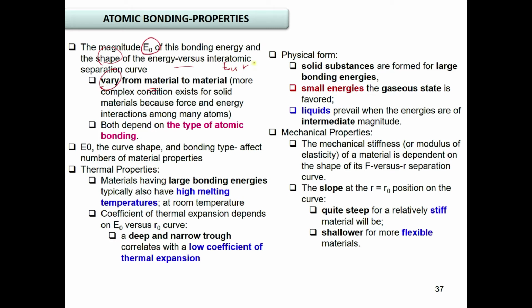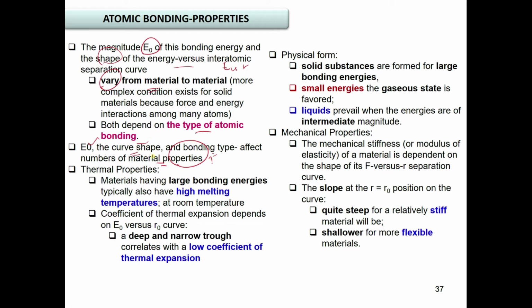Each material has a different bonding energy as well as different energy versus interatomic separation behavior, which also depends on the type of atomic bonding formed between the atoms. So the E naught, the shape of the curve and the bonding type are factors that can affect the material properties, because properties have always been the focus of engineers.